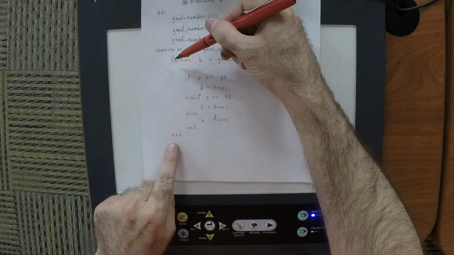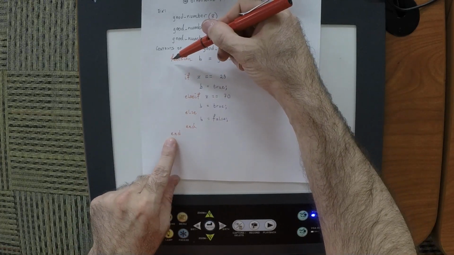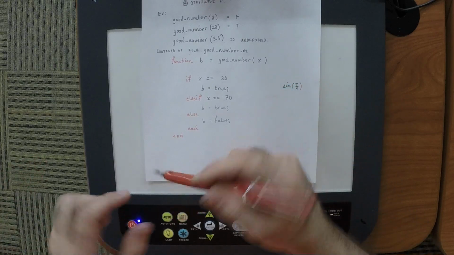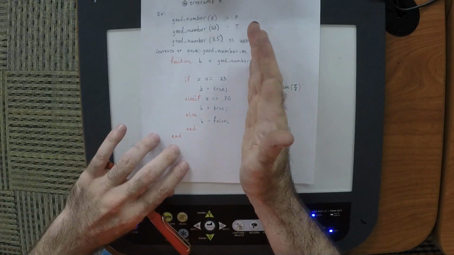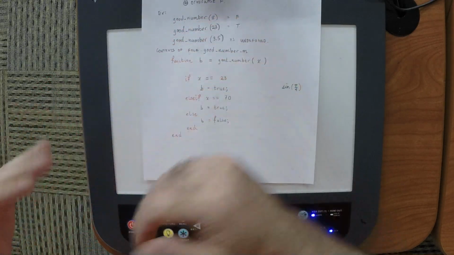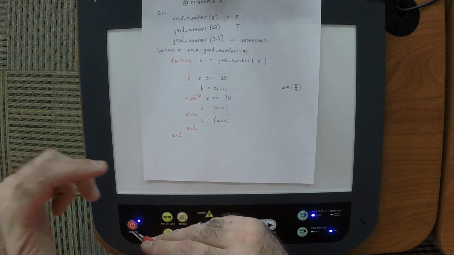Now notice that these line up vertically. That's an element of good style. One thing you could do is mash all of this stuff to the leftmost position so that it's all lined up, but then it's hard to understand what the code is doing.